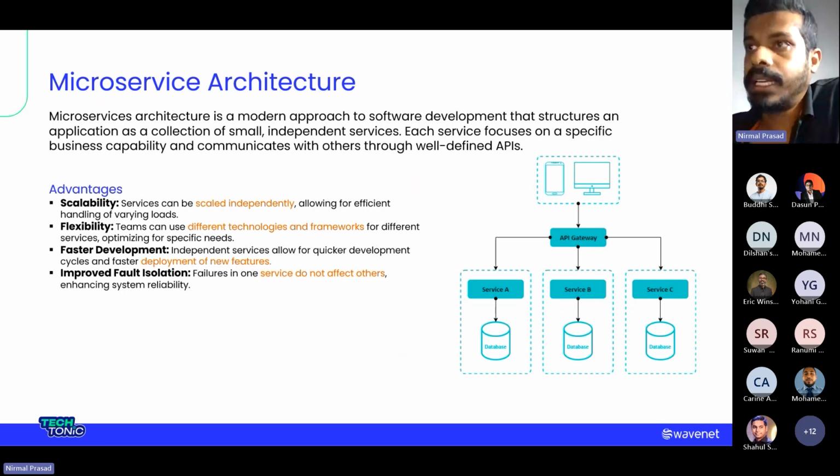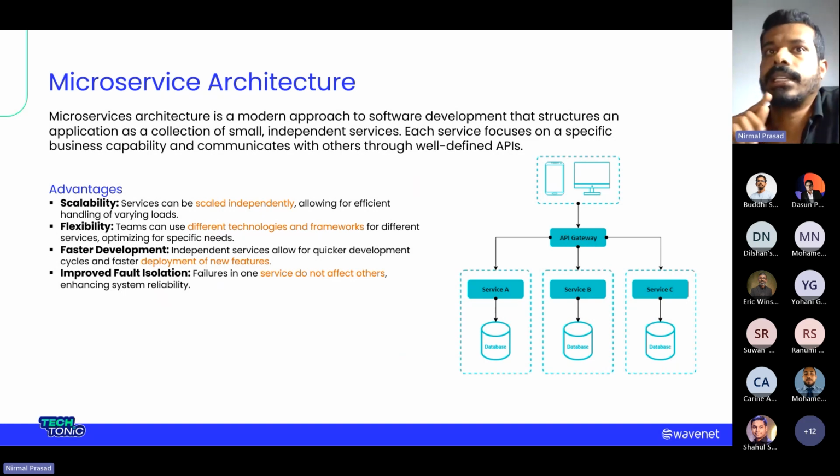Finally, you can build a platform integrating A, B, and C. Those are the basic ideas of microservice architecture. Most of the scalability, flexibility, fast development, and fault isolation can be achieved with this architecture.